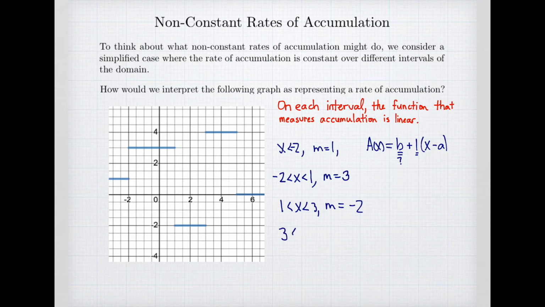For x between 3 and 5, I have a slope of 4, and for x bigger than 5, I have a slope of 0. And in the same way that I've written my function with some unknown constant, I don't know the points, but I know the slopes. And so I've got these lines where we know their slopes on the intervals, we just don't know what point they go through. Okay? So we'll talk about how we find those points on the next slide.